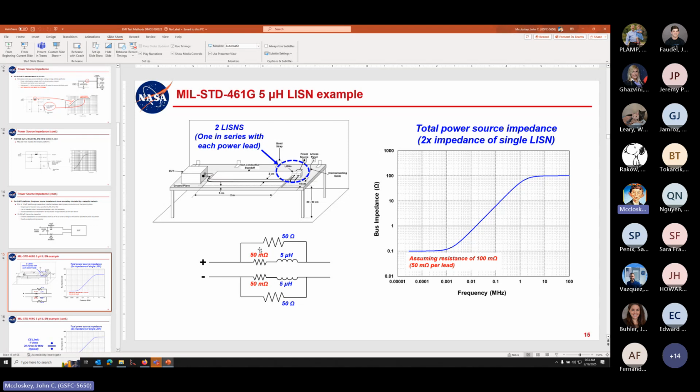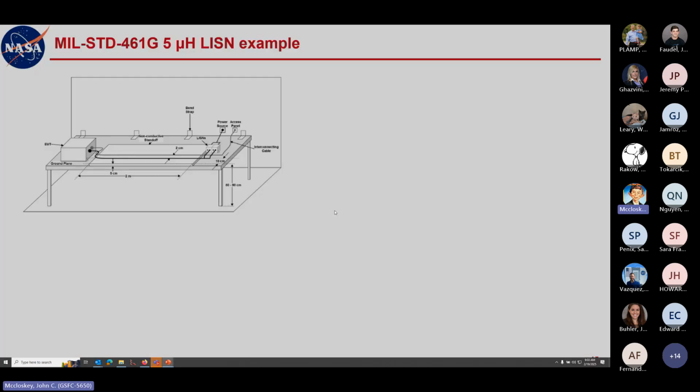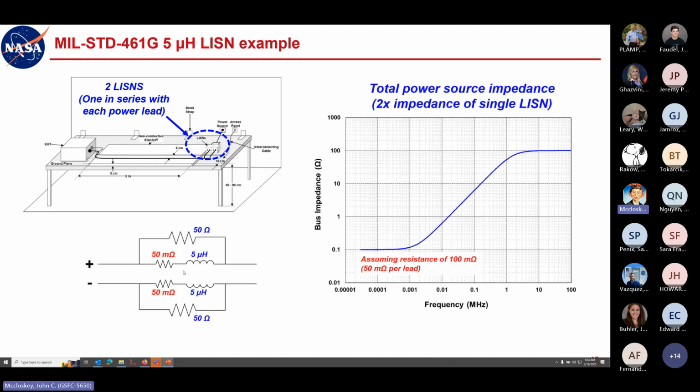So I'm just going to assume 50 milliohms for the sake of discussion. Okay, so we have our 5 microhenry inductors and then our 50 ohm shunt impedance at high frequencies. And we'll just assume 50 milliohms of conductor resistance on each leg. So a total resistance of 100 milliohms.